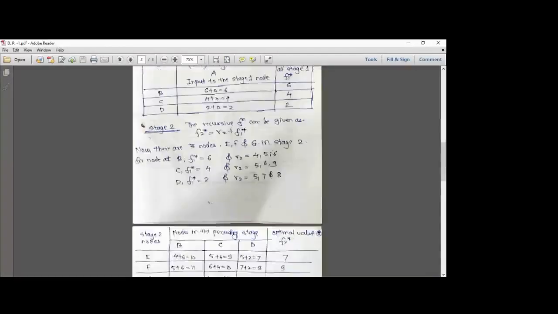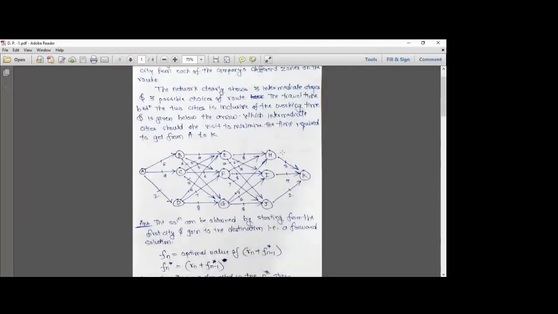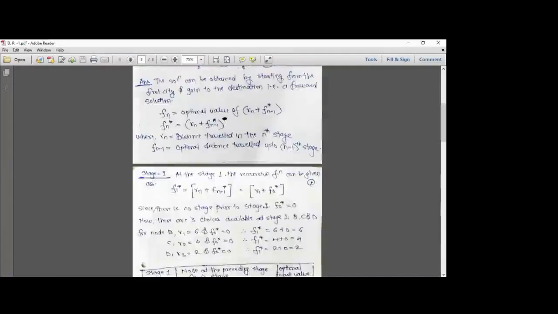So for node B, the values for R2 will vary as 4, 5, and 6. Similarly, if we see node C, right? Node C also we are able to go to E, F, and G. So the values will be 5, 6, and 9, right? You see I have written the same values, it is 5, 6, and 9.